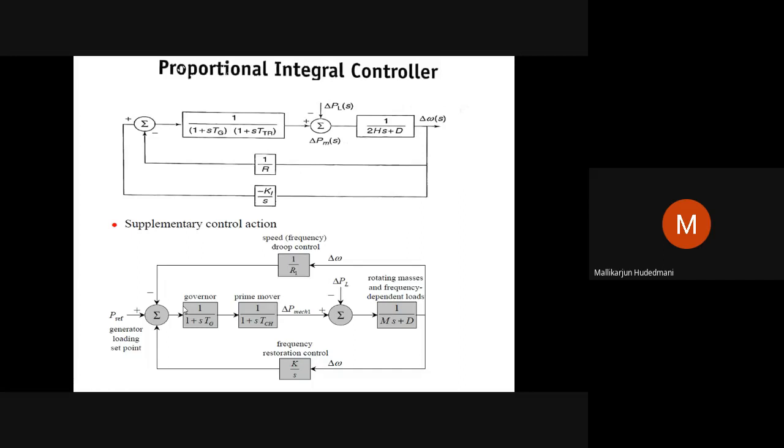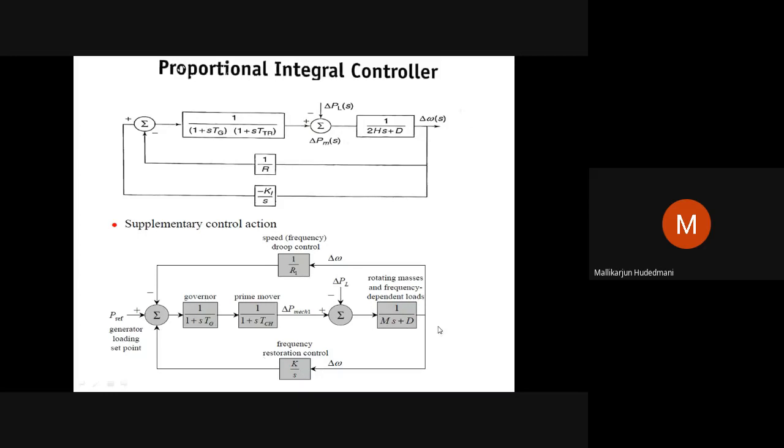Often, it is not sufficient. Then what is required? The direct shift of the reference point by the sense of frequency, by an integral controller, has become very necessary. This is introduced to change the dynamic behavior.